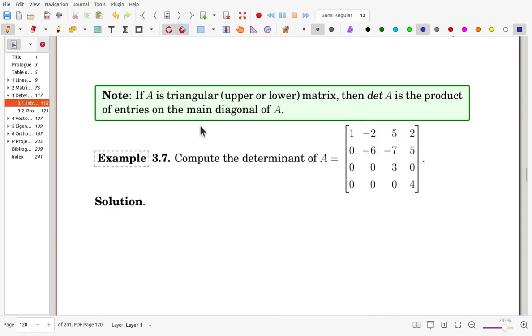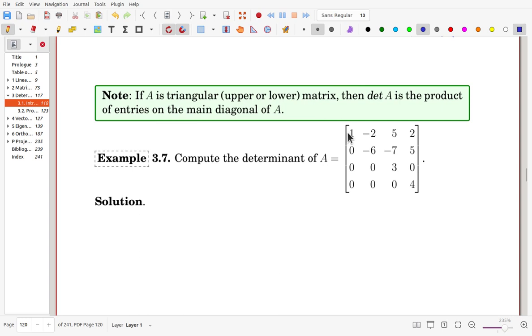If A is a triangular matrix, upper or lower triangular, then the determinant of A is the product of entries on the main diagonal of A. Let's see this example.